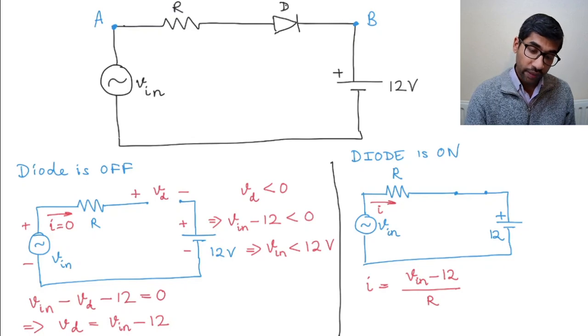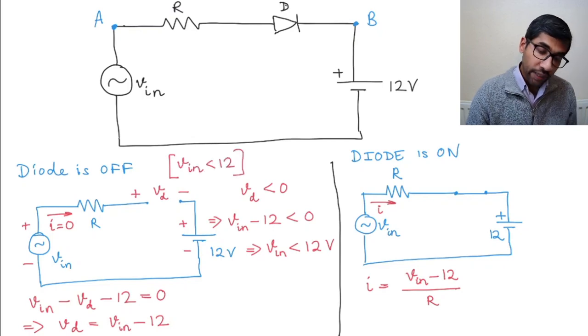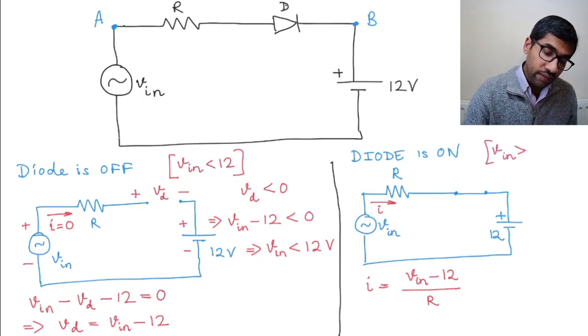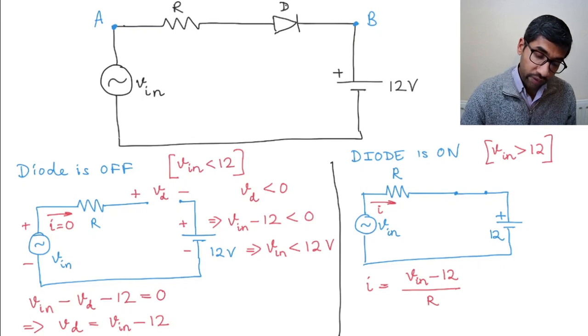So then we can say the diode is off when Vin is less than 12 volts. The diode is on when Vin is, let's say, greater than 12 volts, and this is the current. And if that is the current, what is the voltage across the resistance?